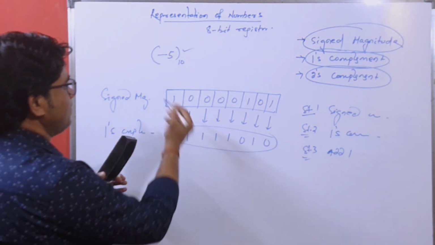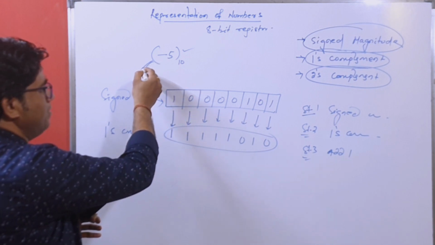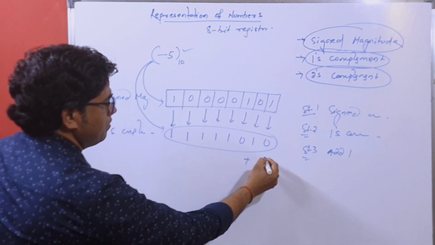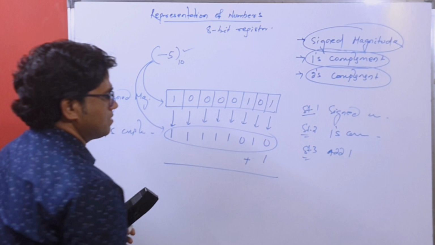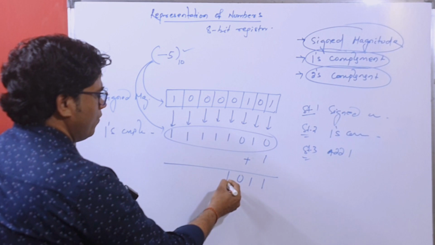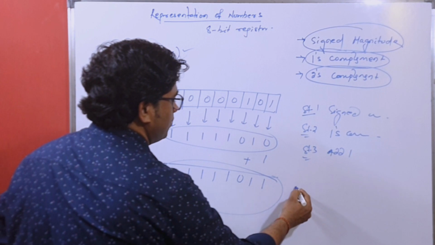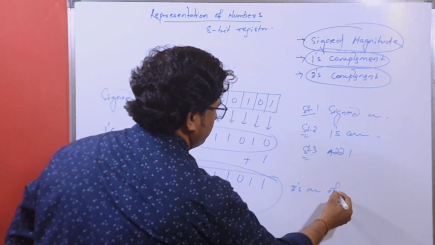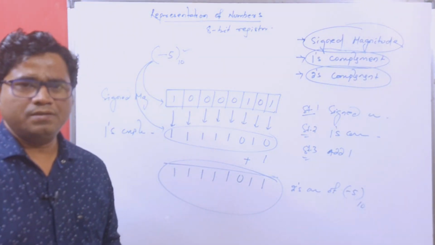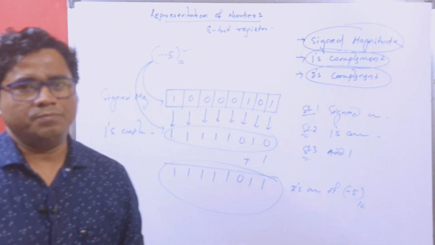Already we have found the sign magnitude representation of 5, and already we have found the 1's complement of minus 5, and simply you add 1 to the result of the 1's complement. 0 plus 1 is 1, 1, 0, 1, 1, 1, 1, 1. So this is the 2's complement of minus 5 base 10. Very simple. In this way you can represent a number in the memory of computer systems.